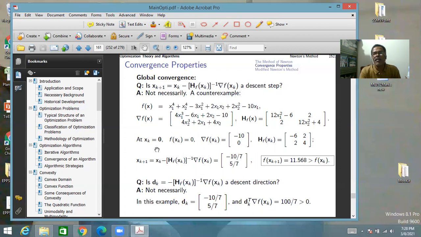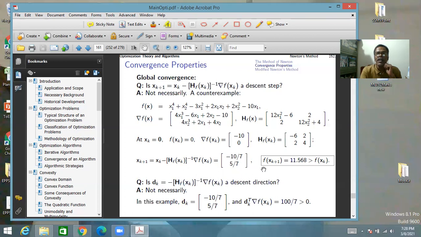Say we have xk equal to 0. xk is the origin, where the function value is 0, gradient is minus 10, 0, Hessian is minus 6, 2, 2, 4. Fine. Now see where the Newton step takes us. xk plus 1, you properly evaluate the step and you get this.